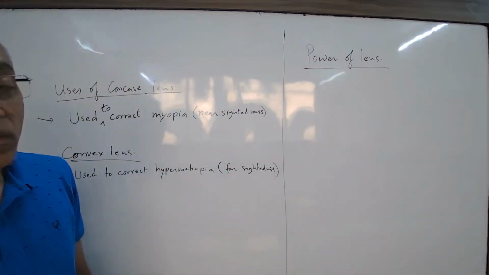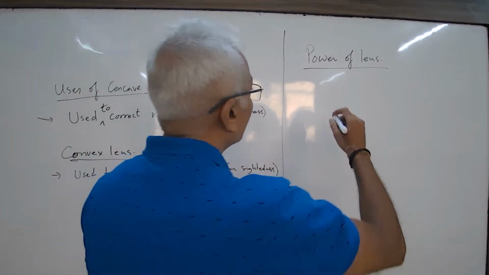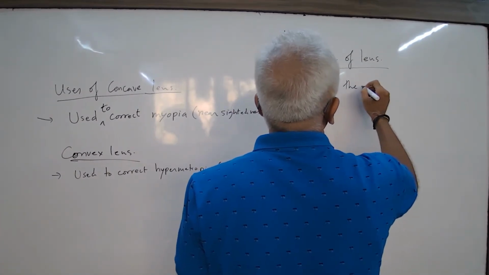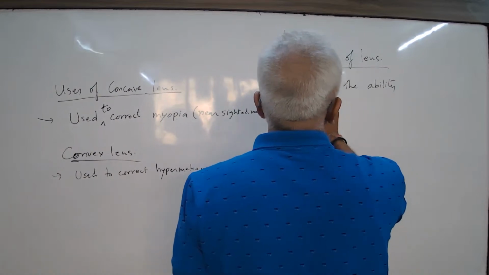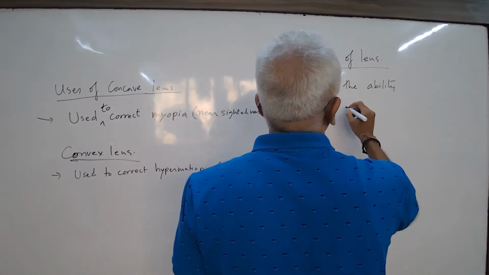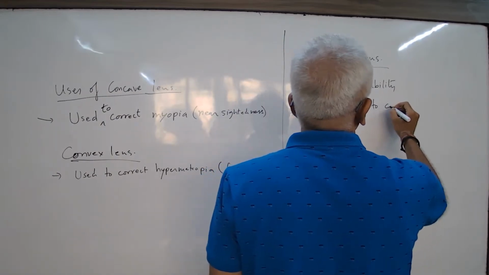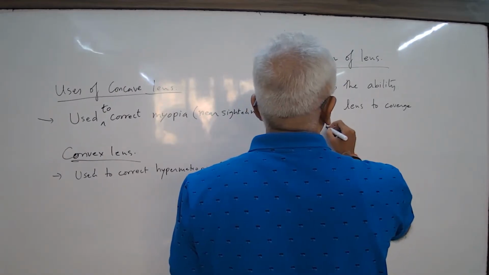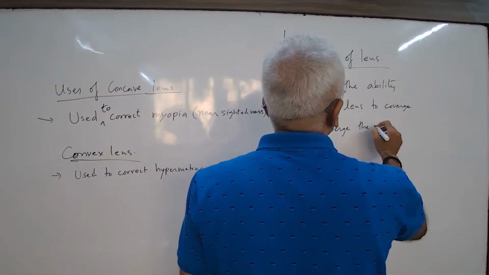Power of lens is its ability to either converge or diverge light.